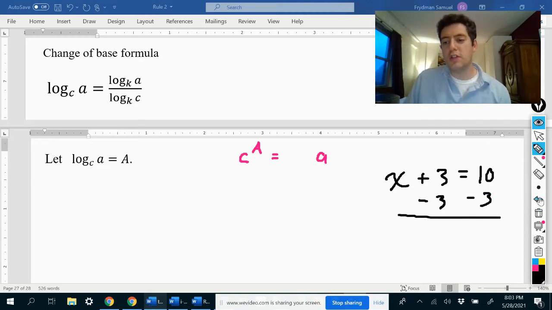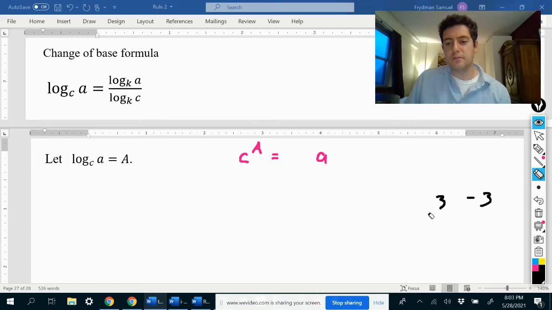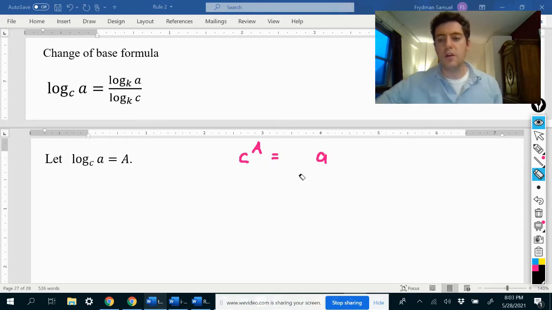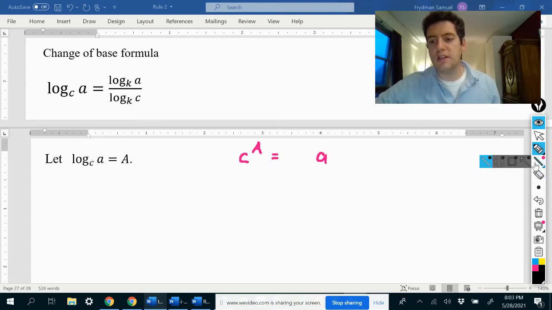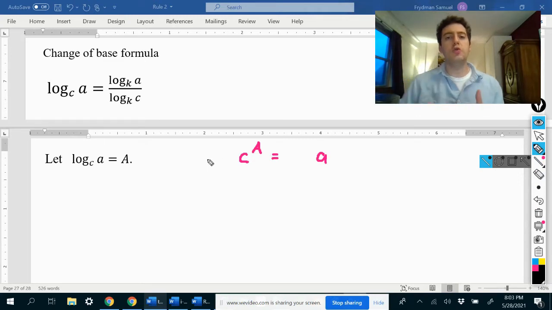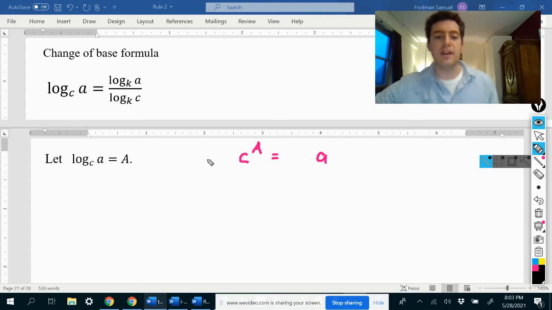So what we're going to do over here is the same thing to both sides, not because we see anything that tells us we have to, just because we want to. We're going to take the log of both sides to some other base, which we'll call k.